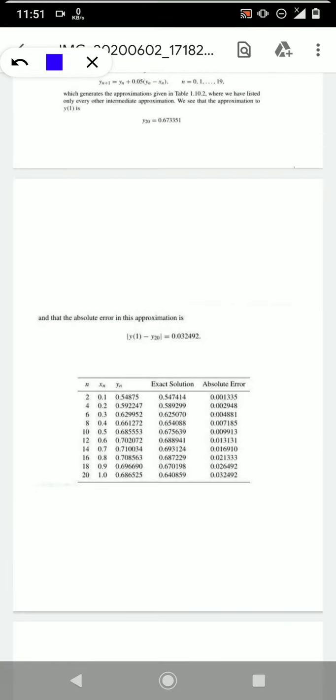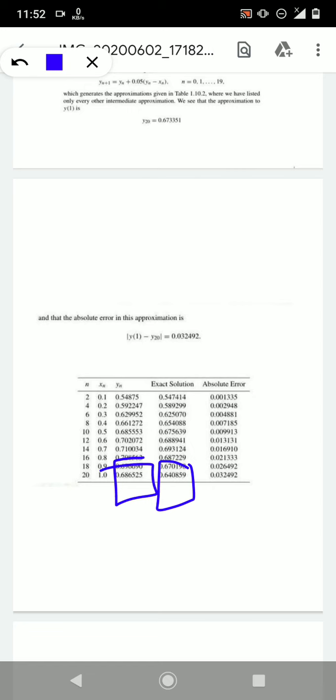Now after doing all those approximations, we get the 20th approximation function value as 0.686525, and by substituting x equal to 1 into the exact solution, we get 0.640859.